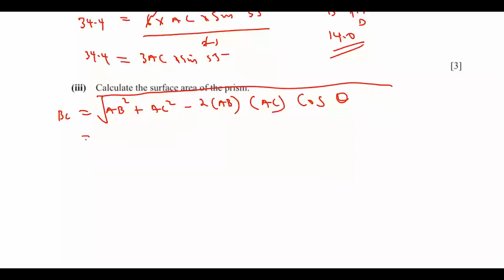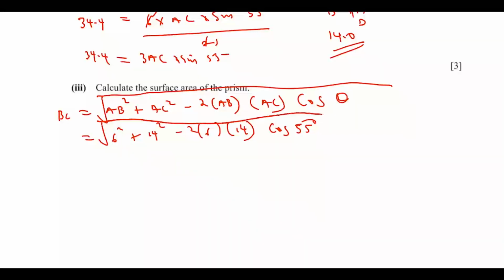I'll just key in the values. We're going to have 6 squared, yes, let's write that because of the radical. We have 6 squared plus 14 squared minus 2 into 6 into 14, that is multiplication, then cos 55 degrees, everything under the radical.